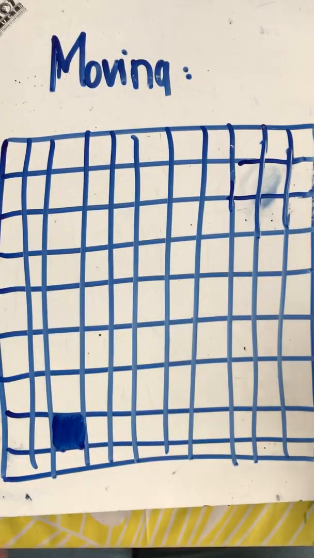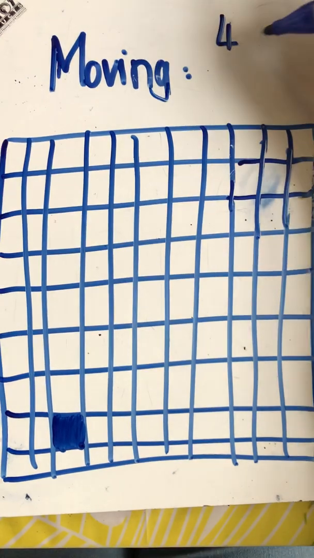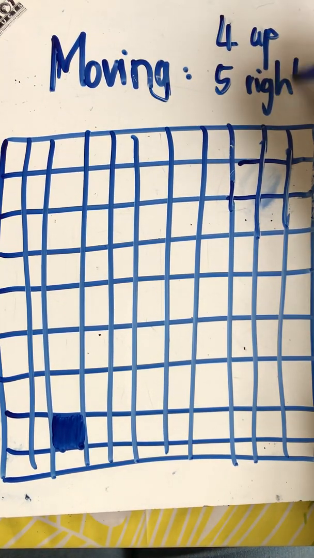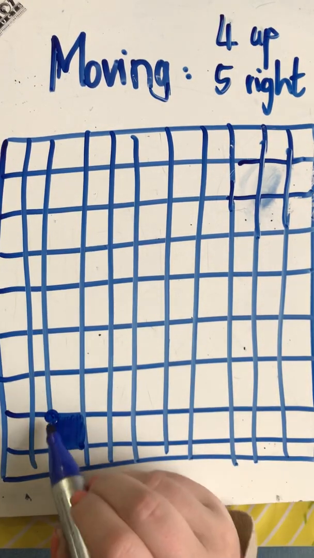If I tell you to move this block 4 spaces up and 5 spaces right. Okay, let's say I say 4 up, 5 right. And you choose this corner. You have to remember it was the top left corner.